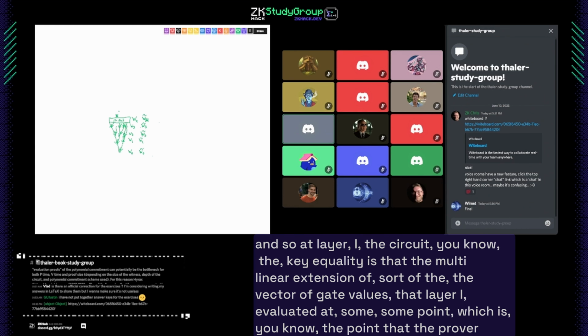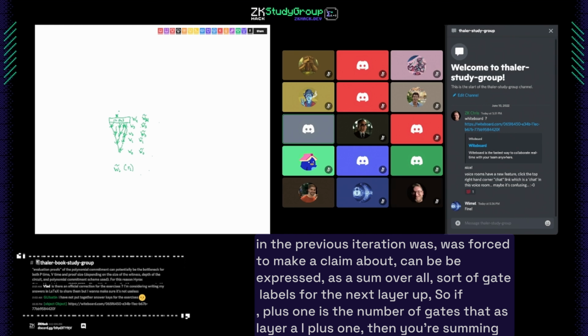And so at layer i of the circuit, the key equality is that the multilinear extension of the vector of gate values at layer i, evaluated at some point, which is the point that the prover in the previous iteration was forced to make a claim about, can be expressed as a sum over all gate labels for the next layer up.